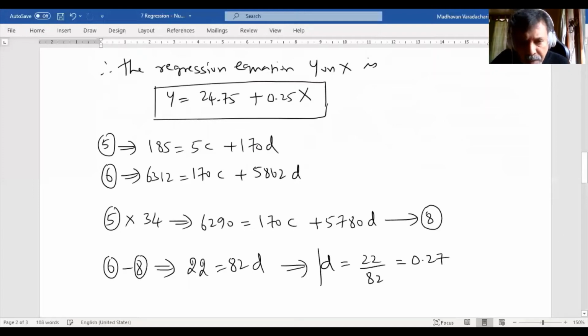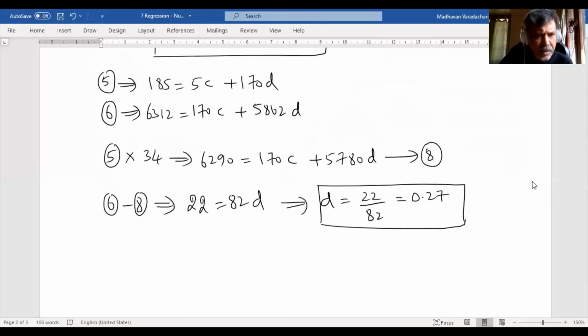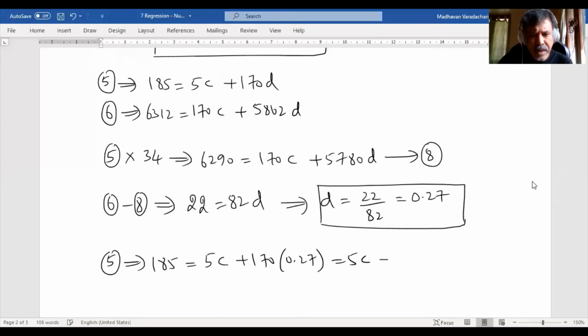Once we have the D value, we can find the other one, that is C, by using any of the equations. I will use the fifth equation. 185 is equal to 5 times C plus 170 times 0.27, which is 5C plus 0.27 into 170, which is 45.9, which means 185 minus 45.9 equal to 5C.